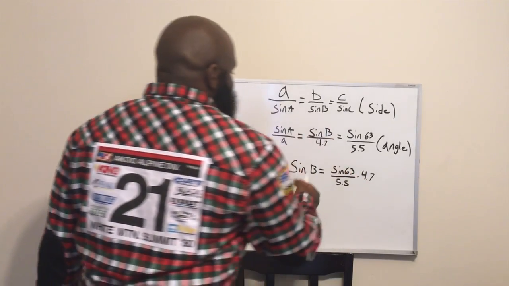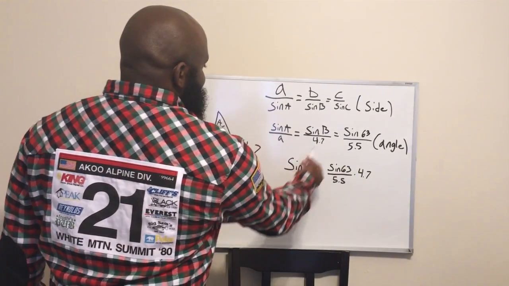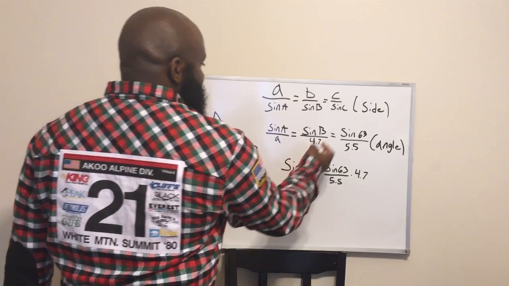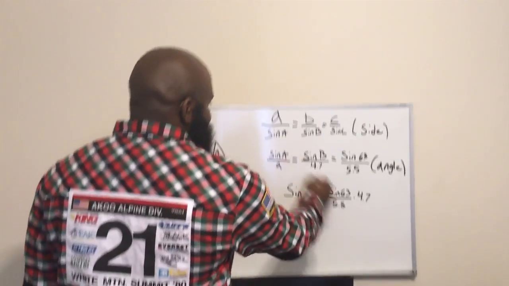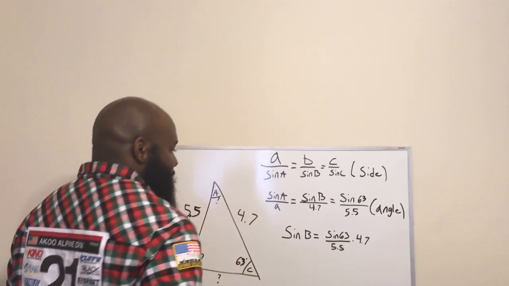What we did was isolate sine B. We took 4.7 and brought it to the other side, canceling it out on this side and bringing it to that side.